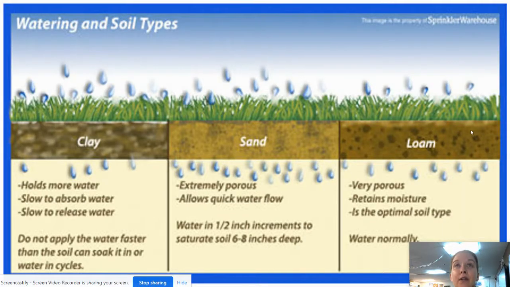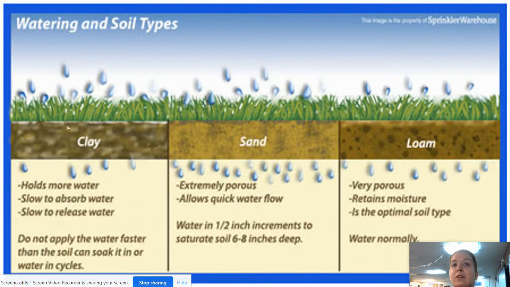So when you're watering your yard, you need to know what kind of soil you have. Here in Indiana, we have a very clay-heavy soil, so it holds a lot more water, but it's much slower to absorb that water. Sandy soil is very porous, which allows for quick water flow. If you notice, sometimes people overwater their yards in Indiana, and then there's just too much water on the top.